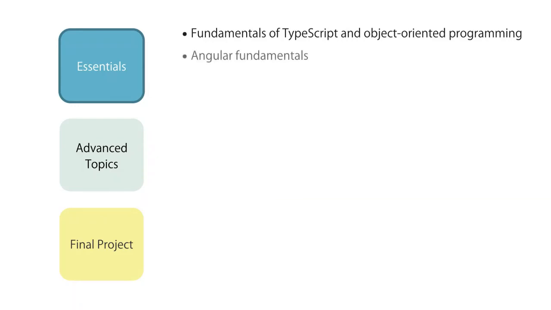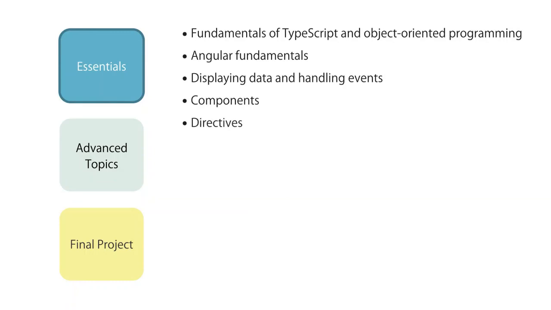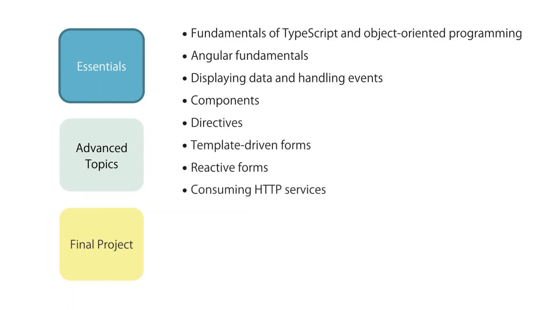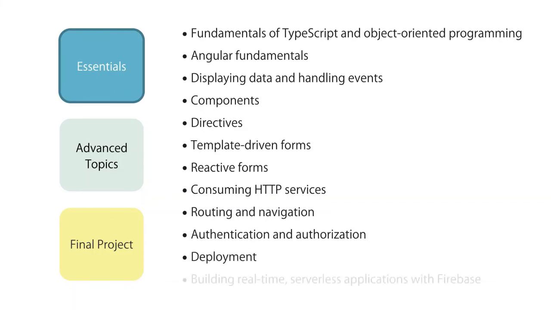So then we'll look at Angular fundamentals, displaying data and handling events, components, directives, template-driven forms, reactive forms, consuming HTTP services, routing and navigation, authentication and authorization, deployment, and building real-time applications with Firebase. So these are the essentials that you will use frequently in real-world applications.